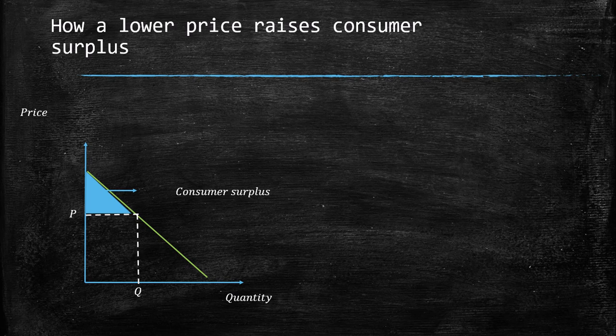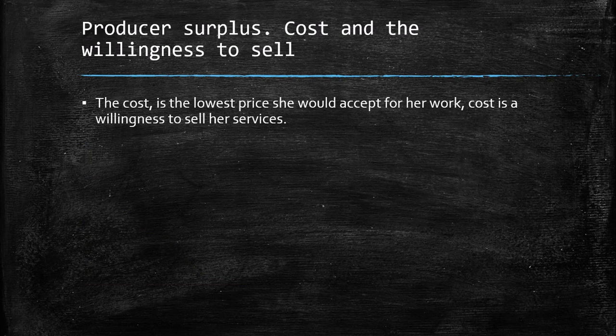Okay, now we go to the producer side. We have the producer surplus, which is the cost and the willingness to sell. The cost is the lowest price she would accept for her work. Cost is a willingness to sell her services.